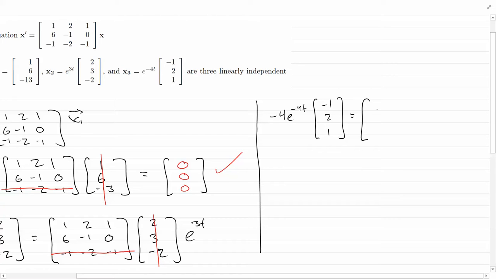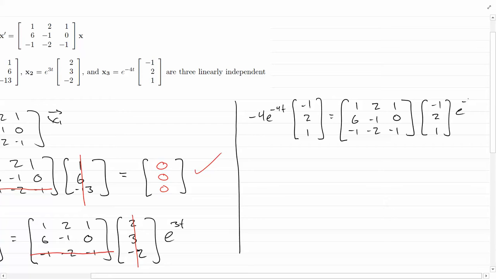And I want to know, is that the same thing that I get if I do the 3 by 3 matrix times that x3 vector?